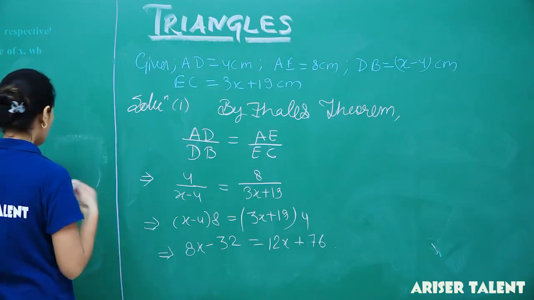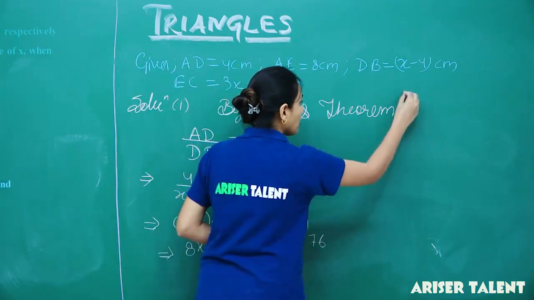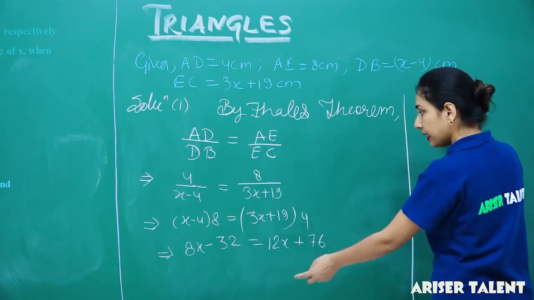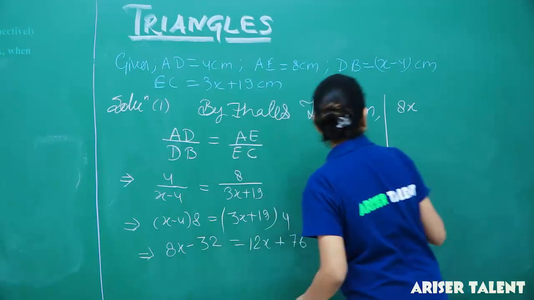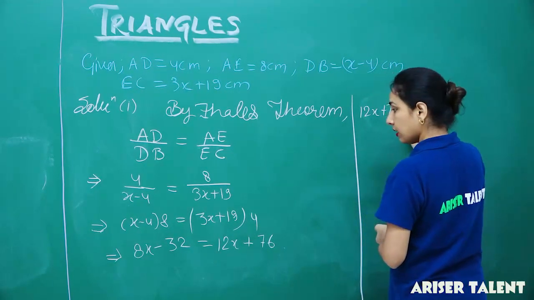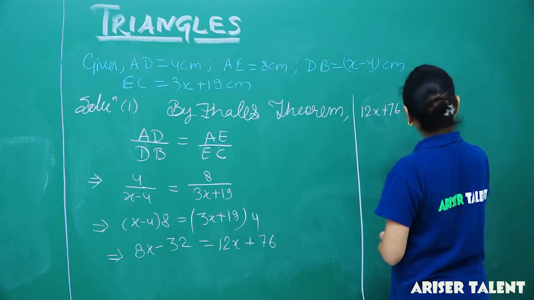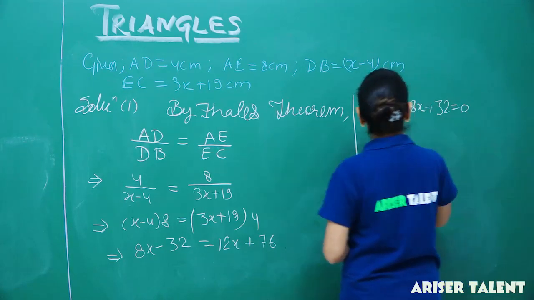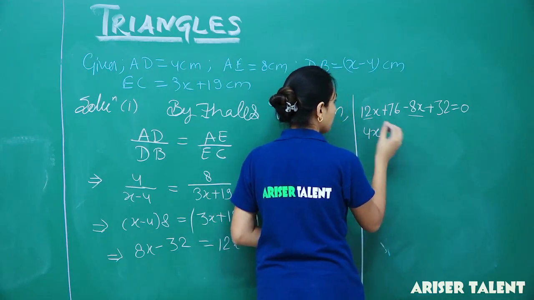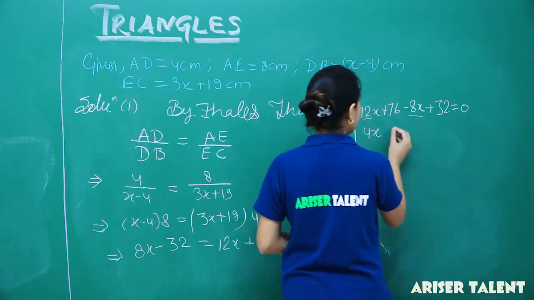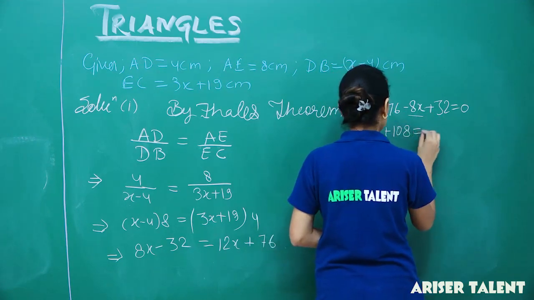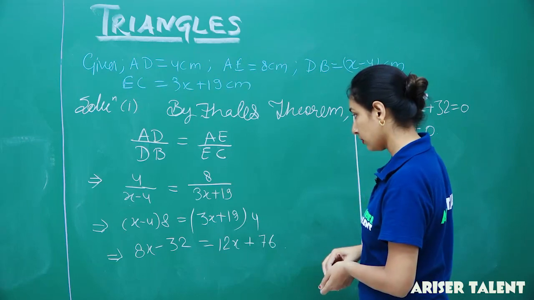Now solving it again, write 12x plus 76 here minus 8x plus 32 equals 0. That will give you 4x plus 108. Okay, is it right?